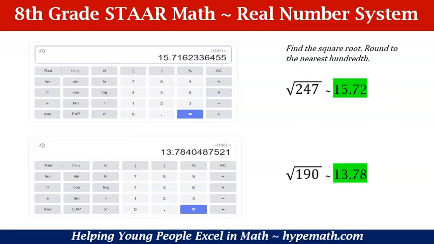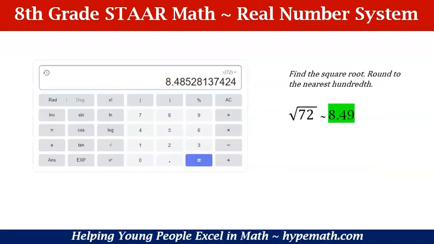And lastly, the square root of 72 is approximately 8.49. So this is how, when you are trying to find the square root, you can enter it into your calculator, and most times the answer will ask for you to round to the nearest hundredth or the nearest thousandth.